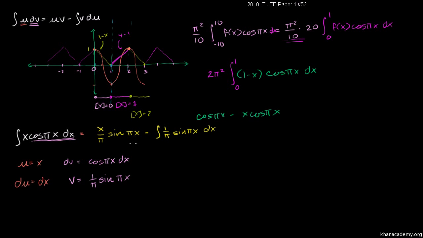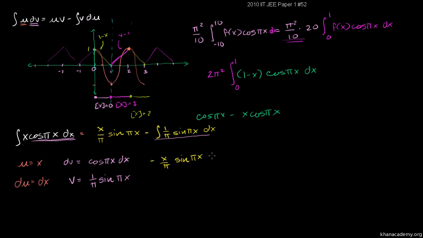So this whole expression is going to be x over pi sine of pi x. And then this over here is going to be, well, you have the antiderivative of sine of pi x is negative 1 over pi cosine of pi x.